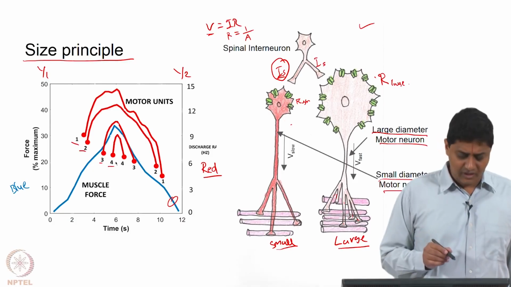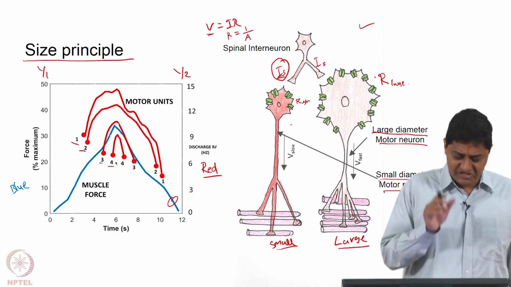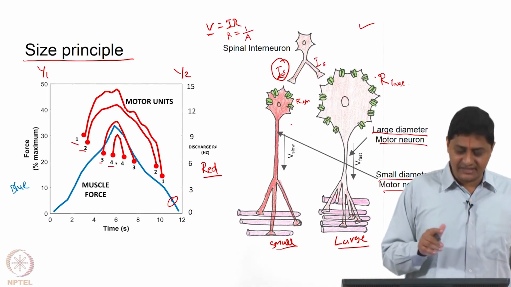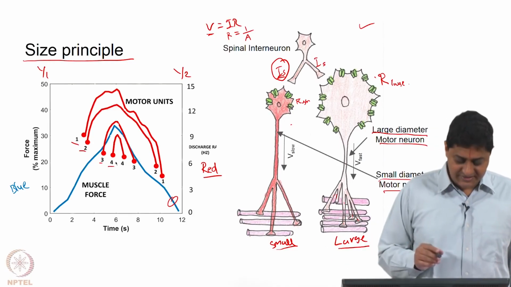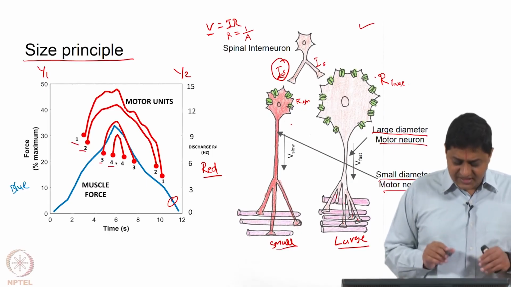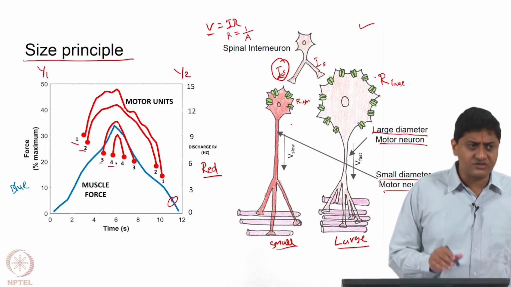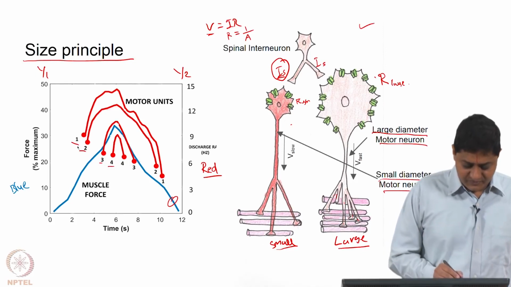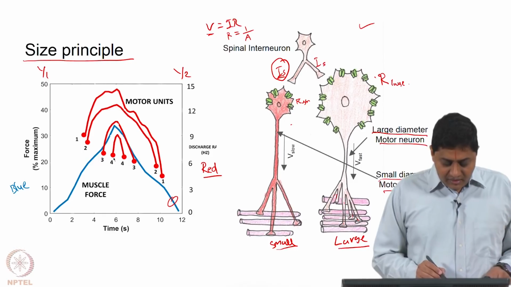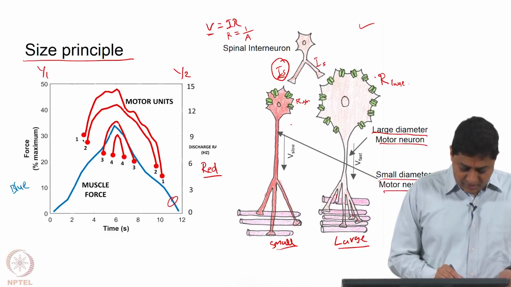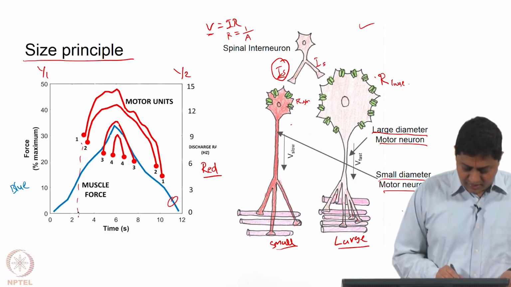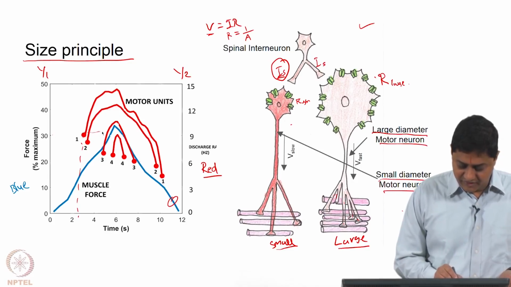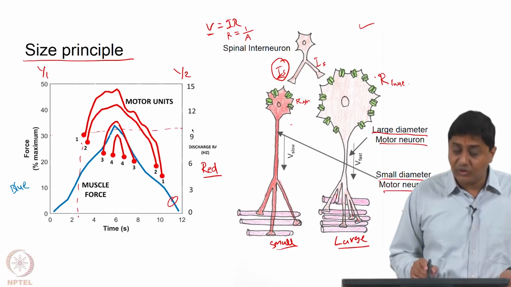We have not discussed that so far, we will discuss it in a future class. For the purpose of this class, let us assume that this has somehow been recorded individually. The first motor unit is recruited at a frequency of about 10 hertz.